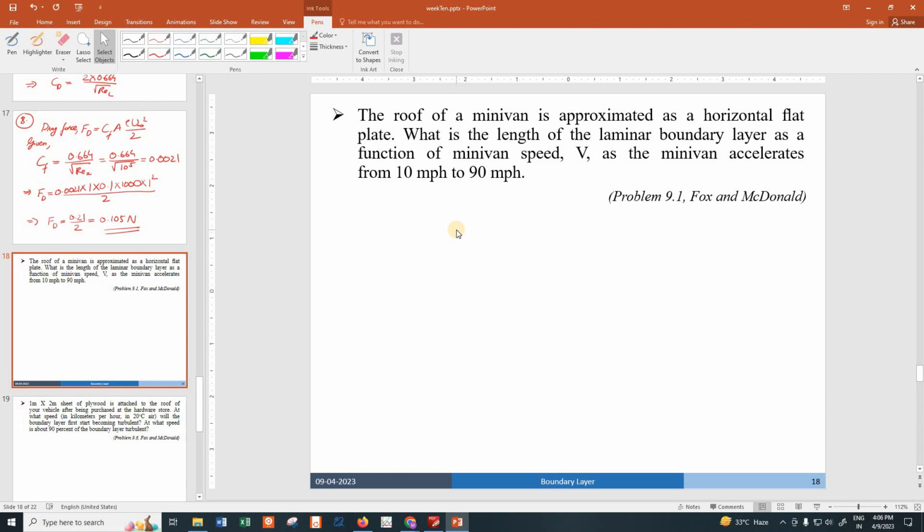What is the length of the laminar boundary layer as a function of minivan speed V, as the minivan accelerates from 10 meters per hour to 90 meters per hour? So, the length of the laminar boundary layer.